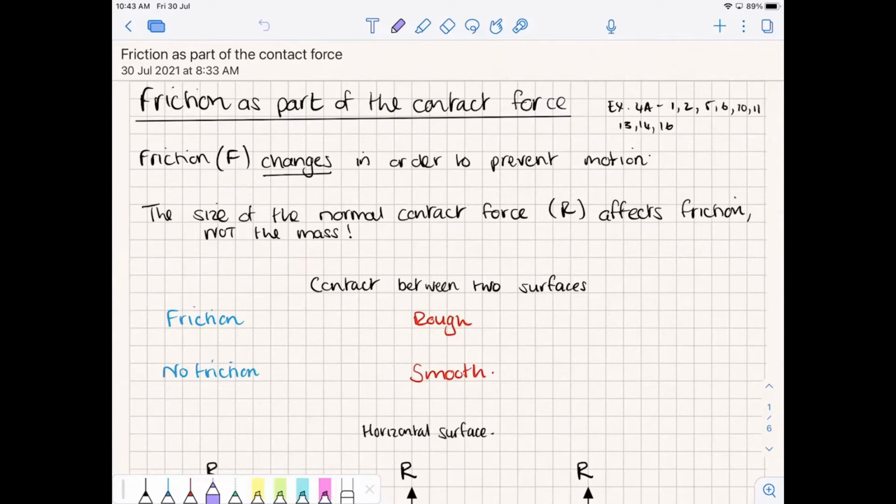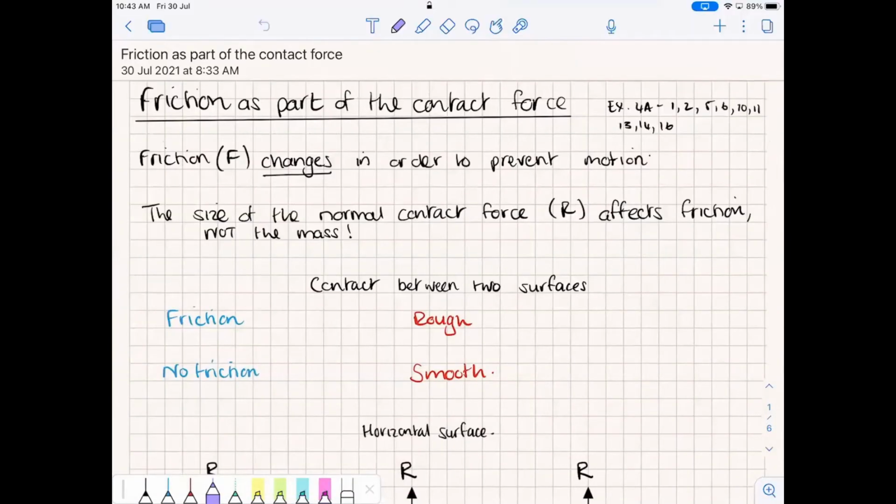And obviously, the more force you apply onto the object, the greater the friction becomes. Now, if the object doesn't move, that means that the friction force from the object is increasing as we apply force onto it, up until a point where the friction force gets to its maximum value, and then the object goes.